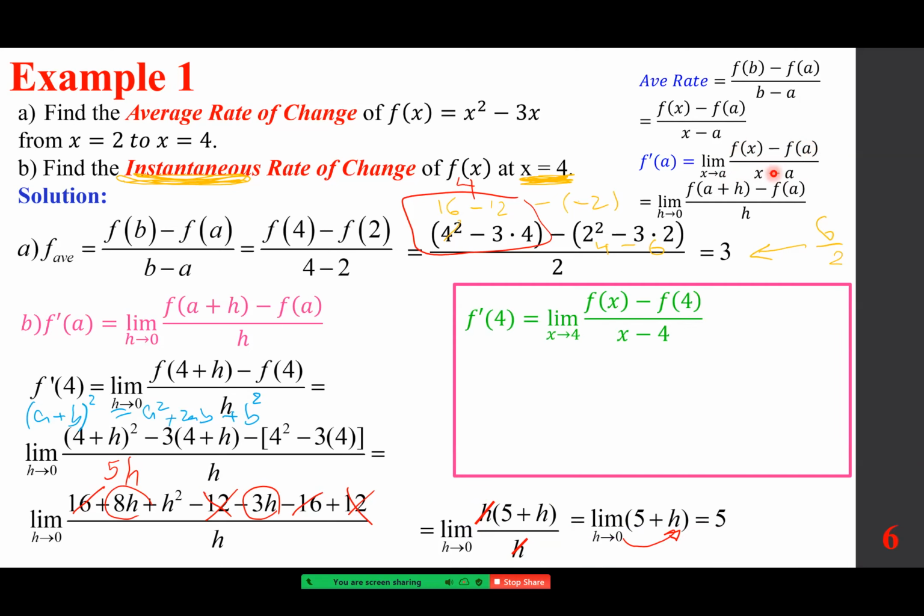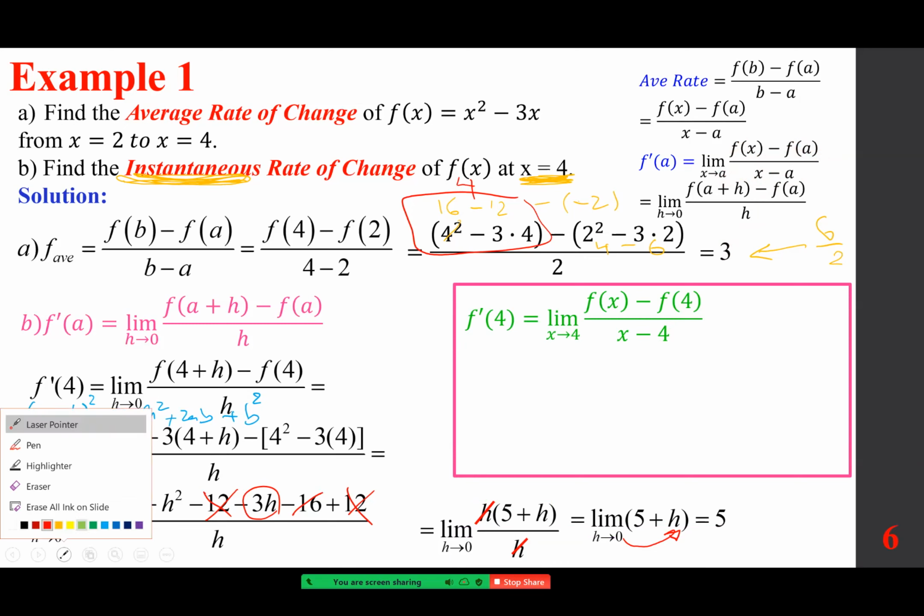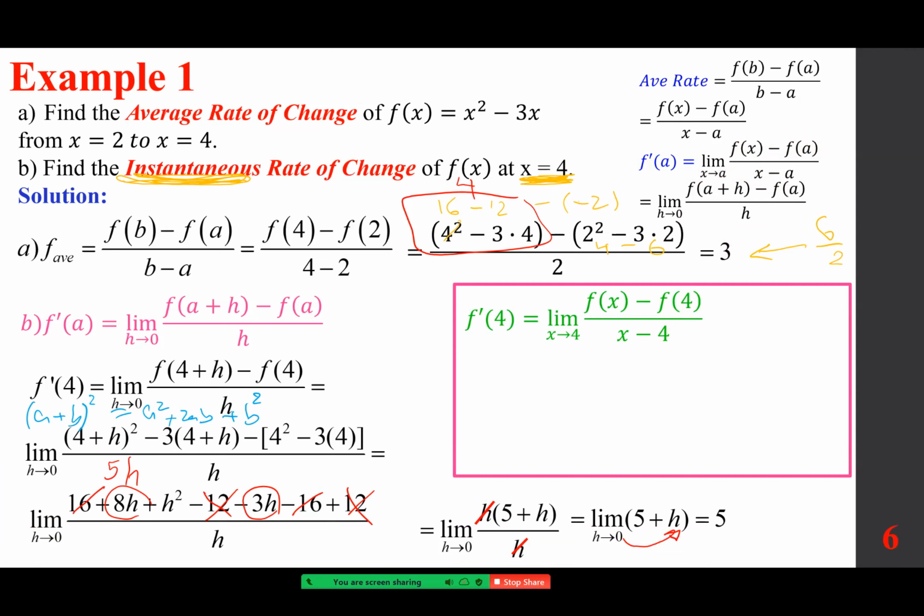So I'm going to use this. Just for practice, we don't have to do both. So f of x is x squared minus 3x. F of 4, I'm going to use the fact that we calculated as 4, so I don't want to waste time.